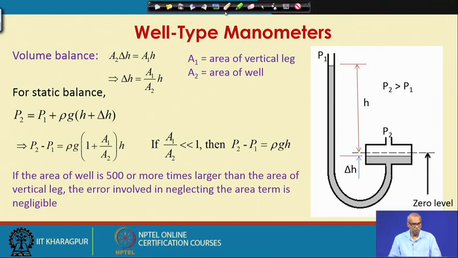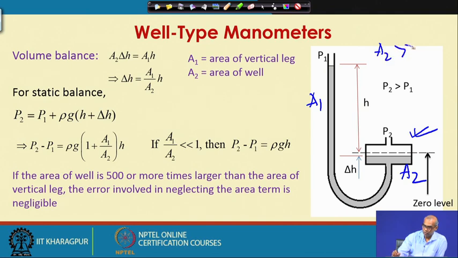So, let us look at some calculations. This is the well type manometer, this is the well, it has large diameter. Let us say this is the cross sectional area of the well A2, this is the cross sectional area A1, and A2 is much greater than A1.